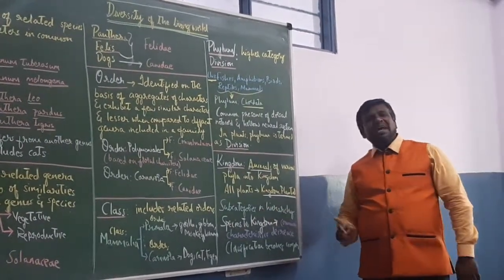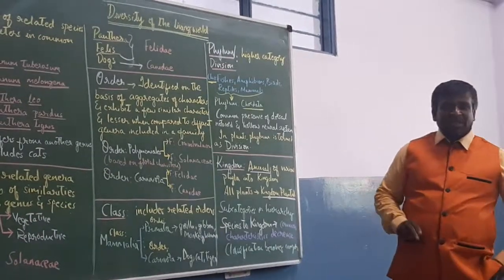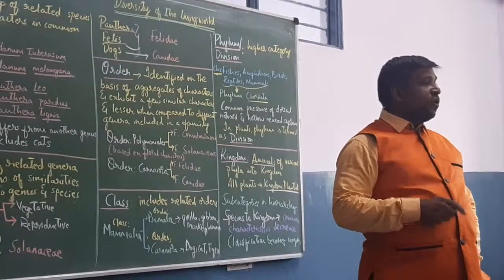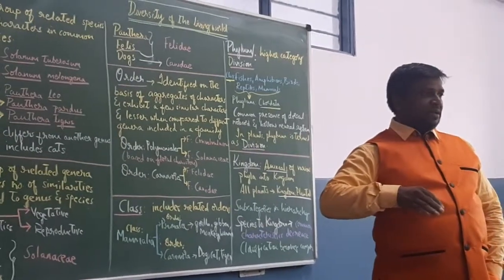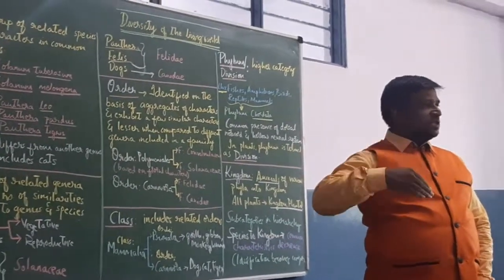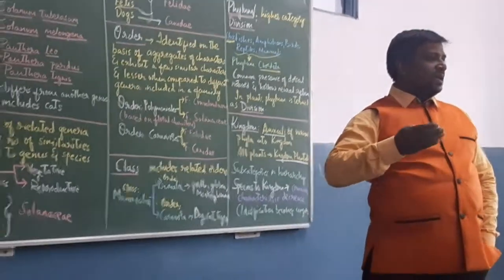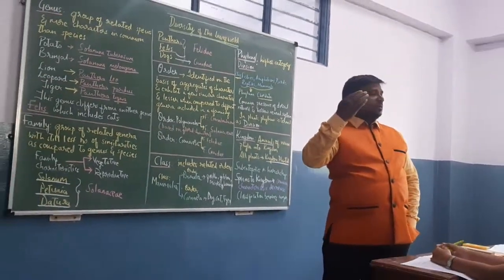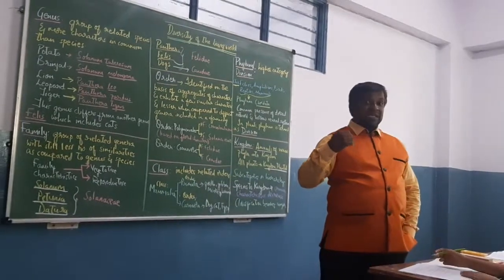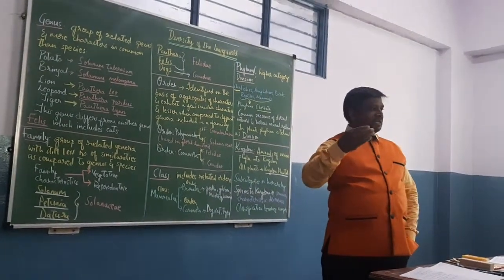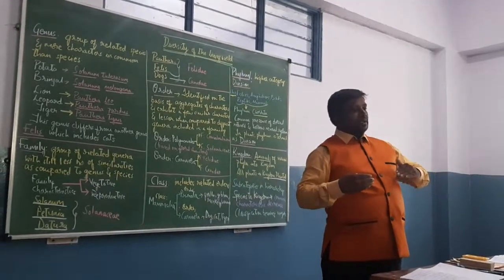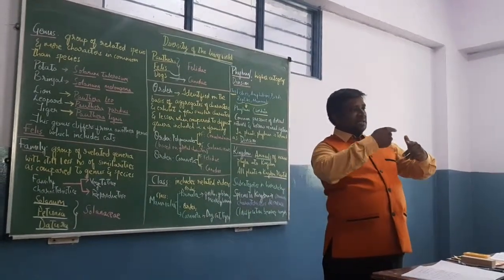Then there are subcategories in the hierarchies, like phylum Chordata. Think of senior, junior, sub-junior. We have supra, which is above, and sub. So you have supraphylum, phylum, subphylum.